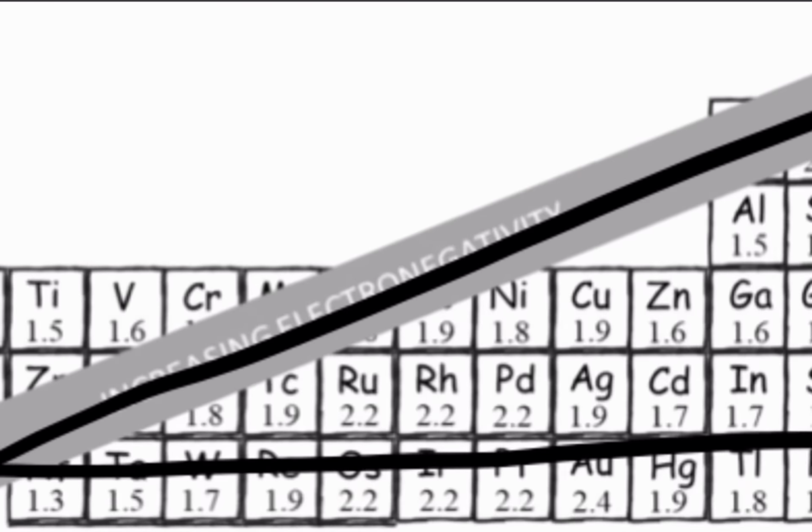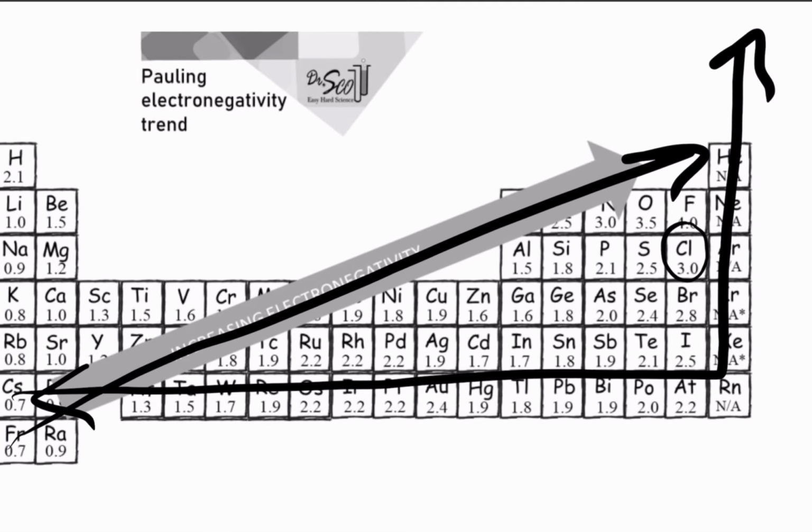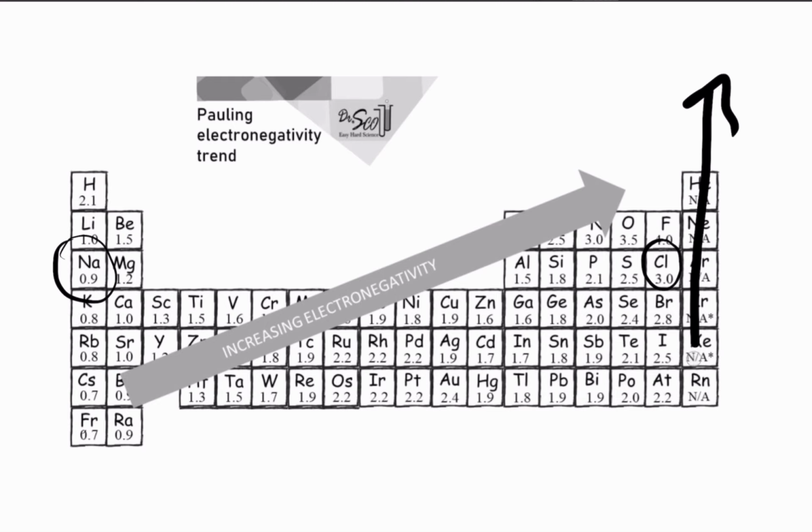If we go back to our little periodic table, we see chlorine, and then what was the other one? Na, which is right here. Based off of our chart, we can see that chlorine is way further to the right than sodium is.